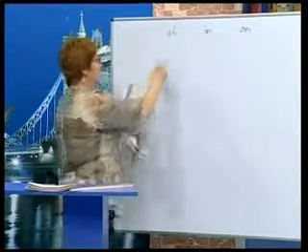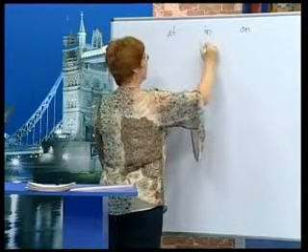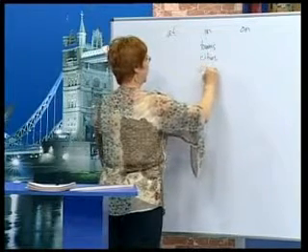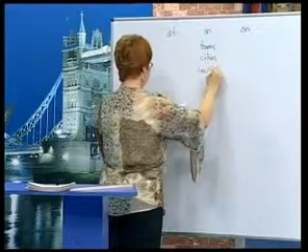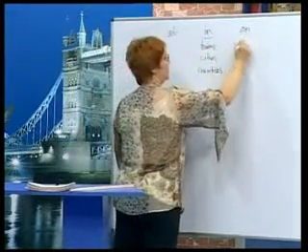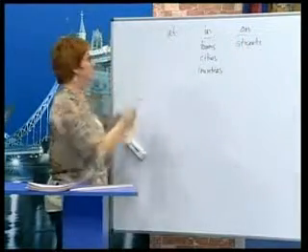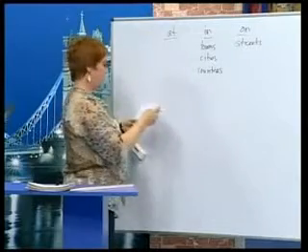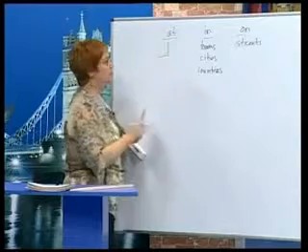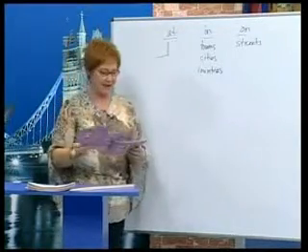Now, we use in, let's do in first, for towns, cities, and countries. We use on for streets. And we use at for a special place where maybe two streets meet. Like a corner. So, in, on, and at.